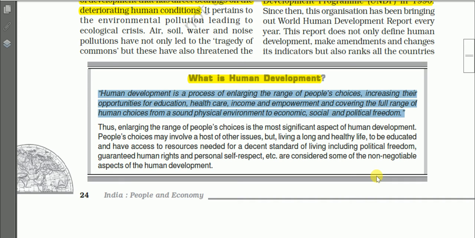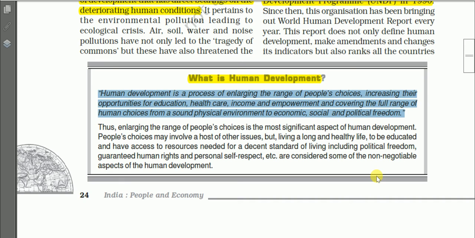To enlarge the range of people's choices means to increase the opportunities for education, healthcare, income, and empowerment of the people, covering the full range of human choices from a sound, clean physical environment to economic, social, and political freedom.